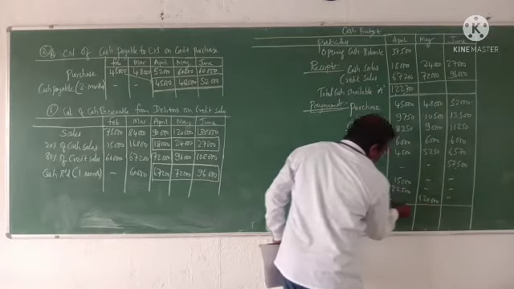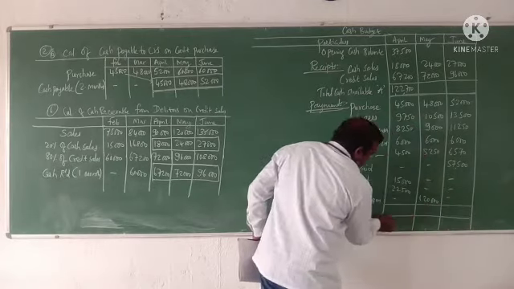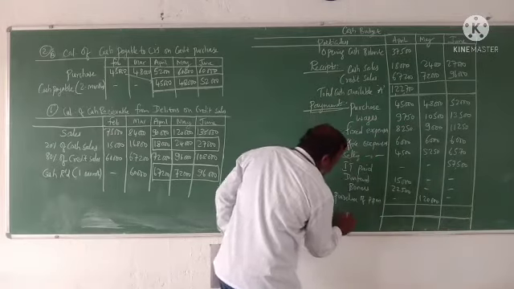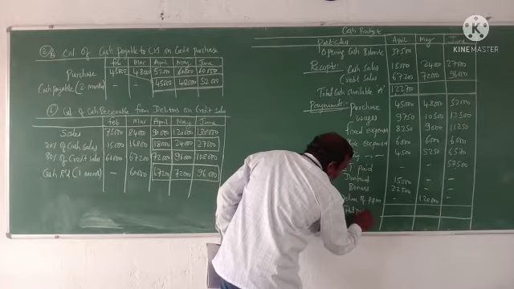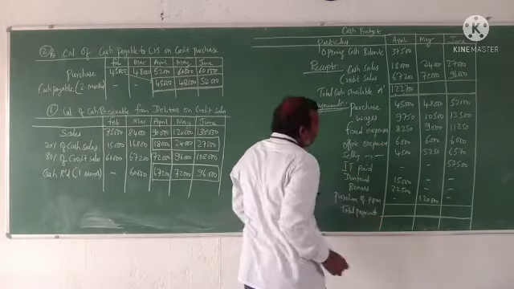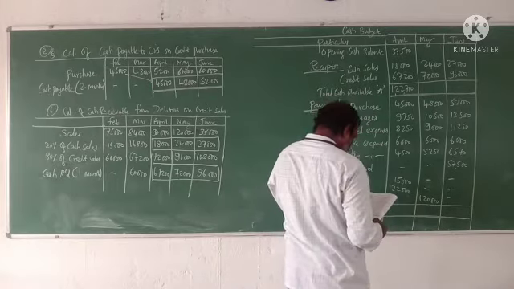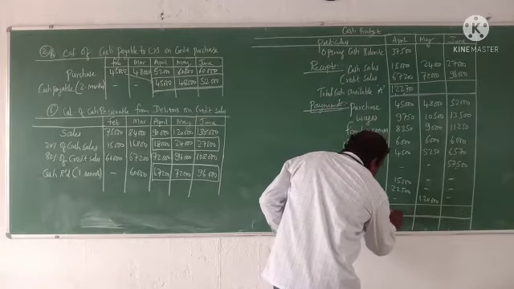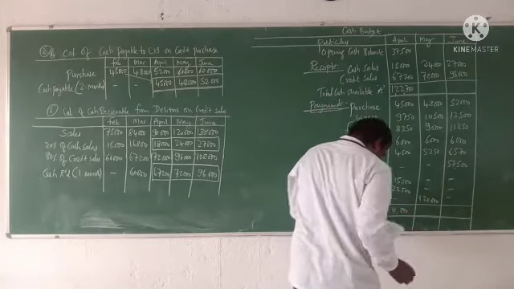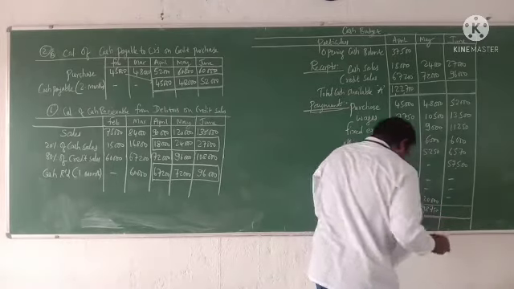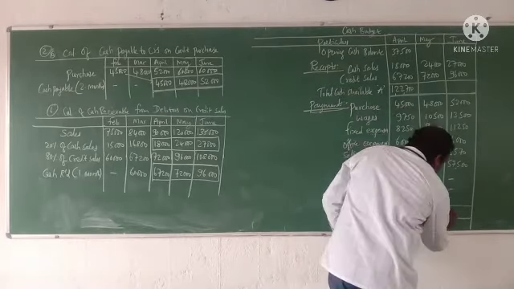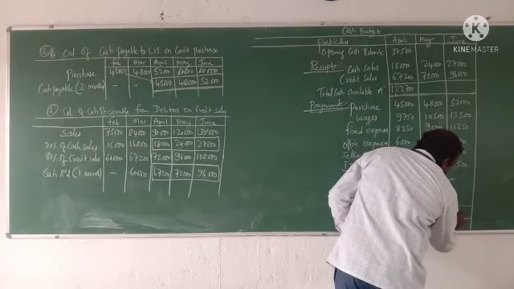Now take the total of purchase. Total payment. Now we can close the totals: 1,11,000, 1,98,750, 1,46,820.